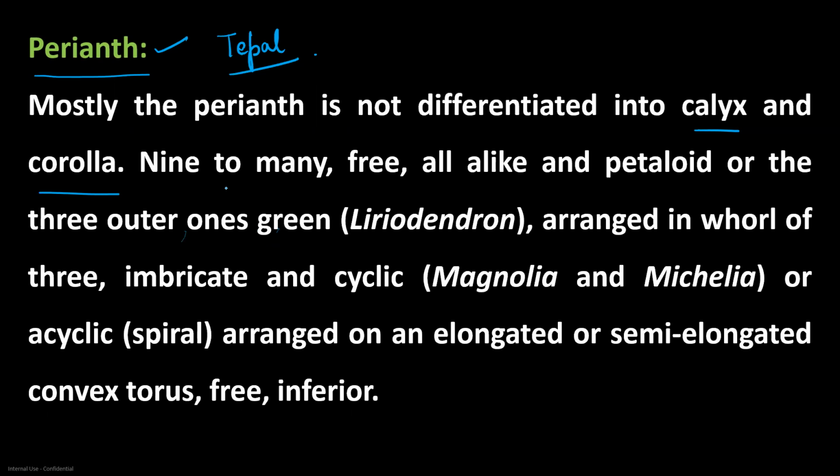They are 9 to many, free, all alike and petaloid, or the 3 outer ones are green, which is found in Liriodendron, arranged in whorls of 3. Aestivation is imbricate, and cyclic in Magnolia and Michelia, or acyclic, that is spiral, arranged on an elongated or semi-elongated convex torus.